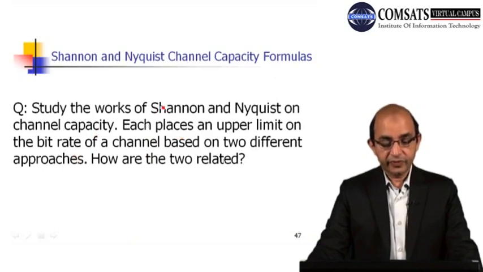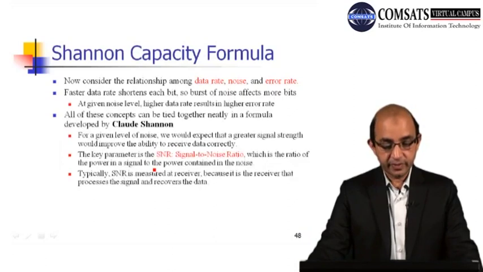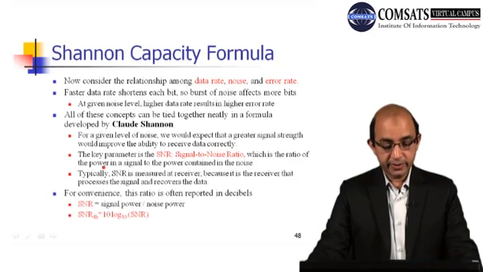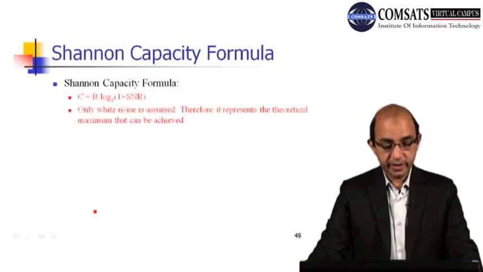So we have another question from the Shannon and Nyquist channel capacity: the upper limit on the bit rate of a channel based on 2 different approaches. How can we relate them? You can see the Shannon formula, C equals B log2(1 plus SNR).